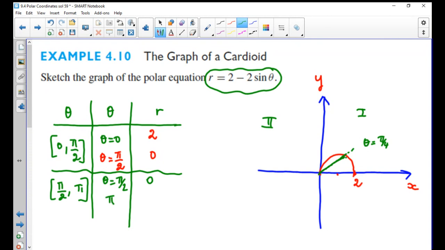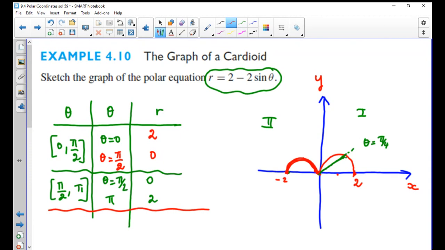And at pi, r is 2 again, so it's basically coming into this point here, the same way, in a symmetrical way. Like this.